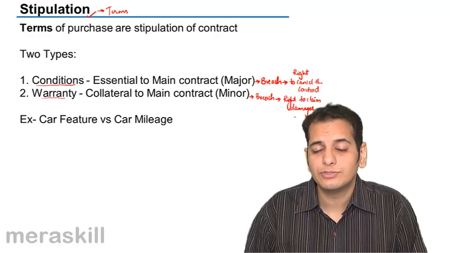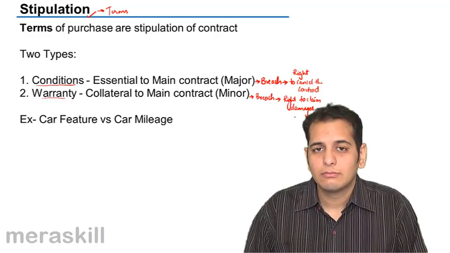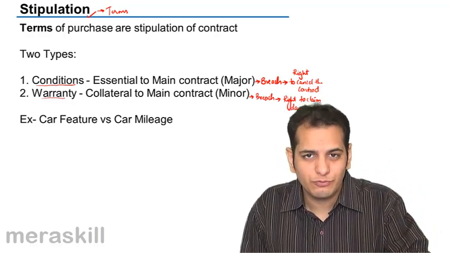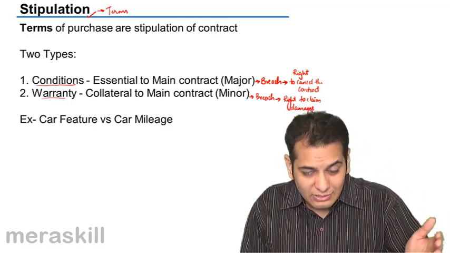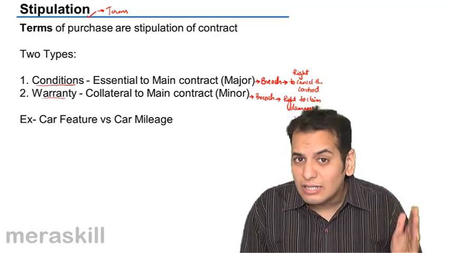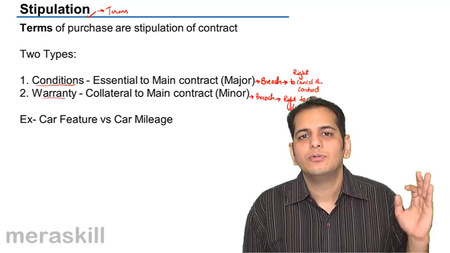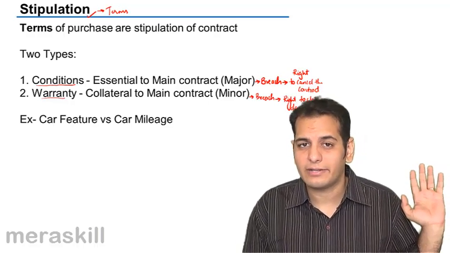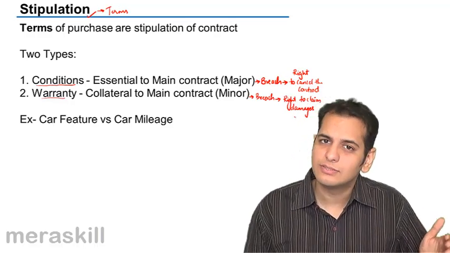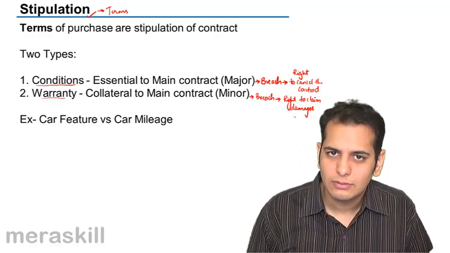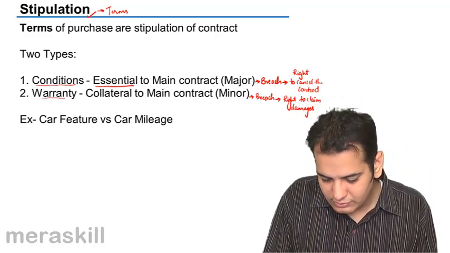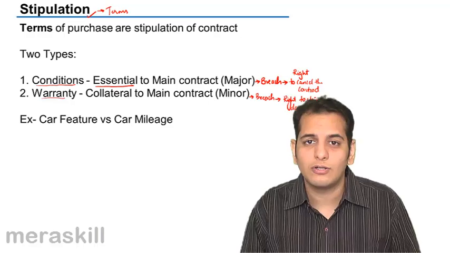A stipulation becomes a condition when it is essential to the main purpose of the contract, such that the breach of it will give the aggrieved party a right to repudiate the contract. Getting my point? A condition is a stipulation which is essential to the main purpose of the contract.